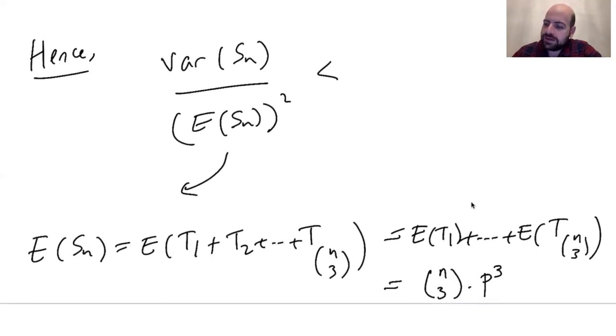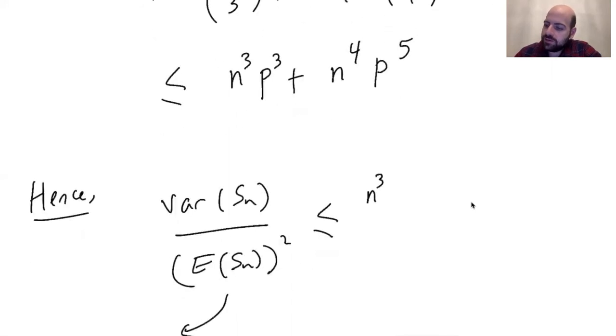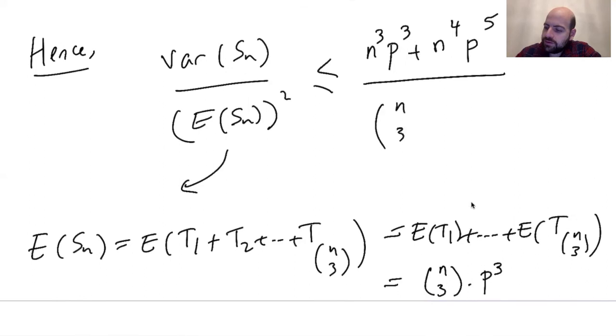So this is less than or equal to, the numerator was less than or equal to n to the power 3 times p cubed plus n to the power 4 times p to the power 5, divided by n choose 3 times p to the power 3.